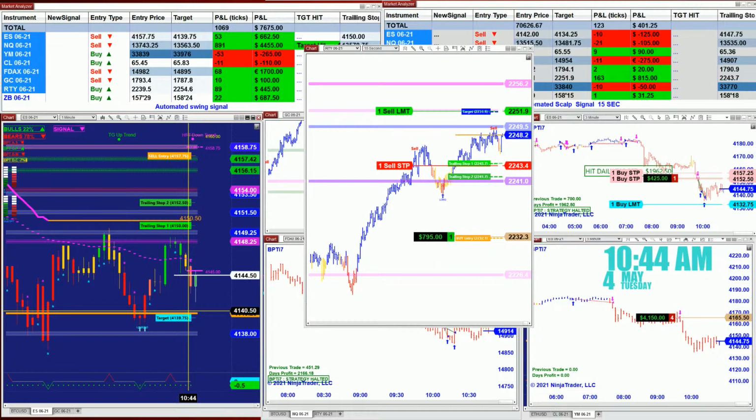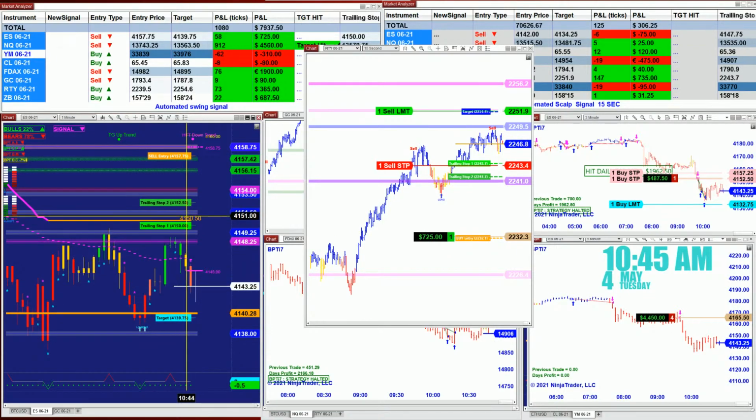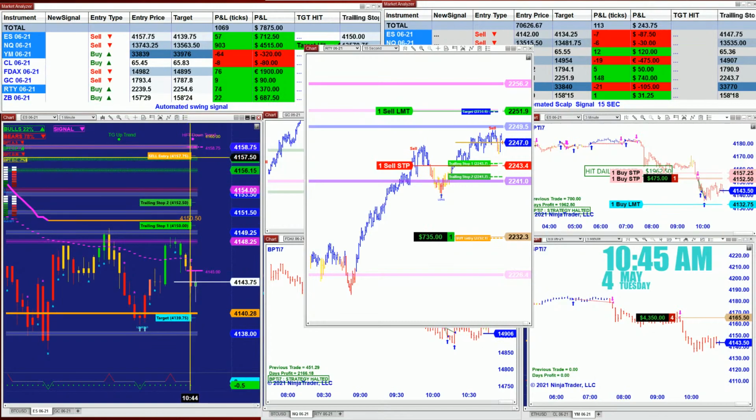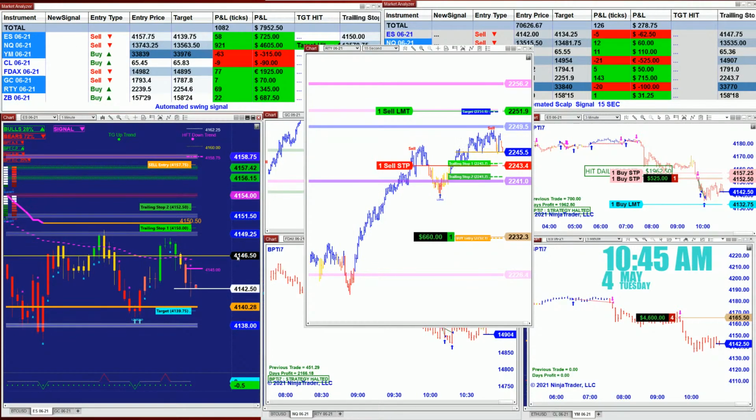So as we see right now, the ES keeps going back and forth, and we are still on a short trade. There is no long trade. It's only pullback re-entry. Even if this market crosses the 4150, the chance of crossing all this big mass here is almost none, zero to none.